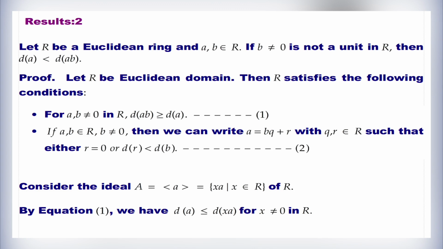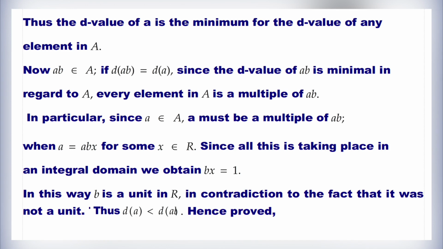Consider the ideal generated by A, that is the set of all xA such that x is in R. By equation 1, we have d(A) less than or equal to d(xA) for x not equal to 0 in R. Thus, the d value of A is the minimum of the d values of any element in the ideal.